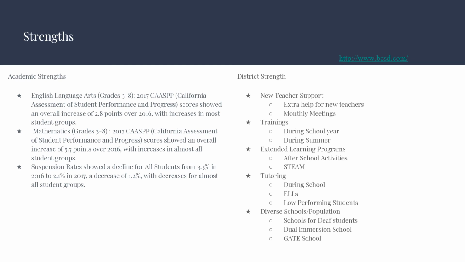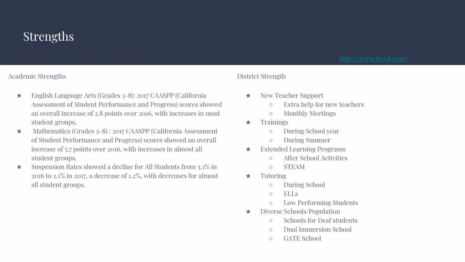Other district strengths include new teacher support, which helps new teachers perform better in the classrooms, trainings during the summer and during the school year for teachers who need help with certain areas, and the extended learning program, which is the after-school program.